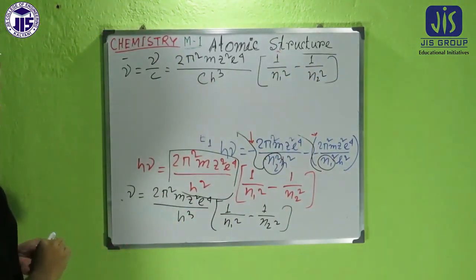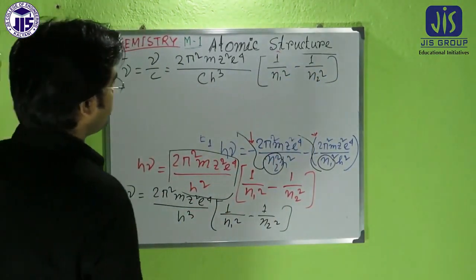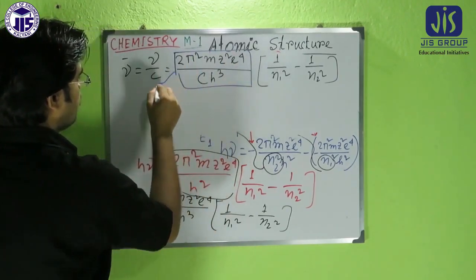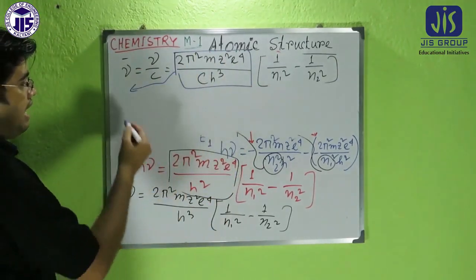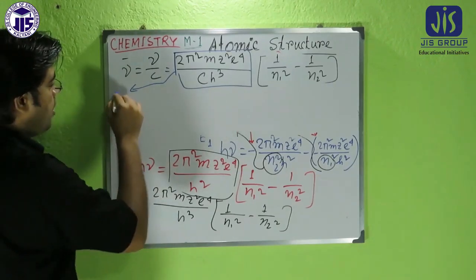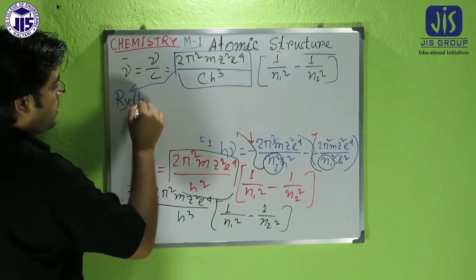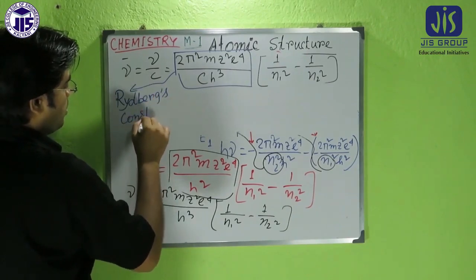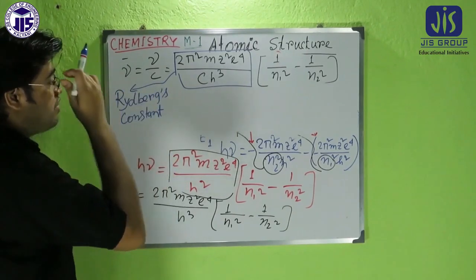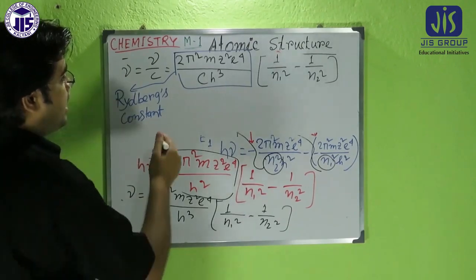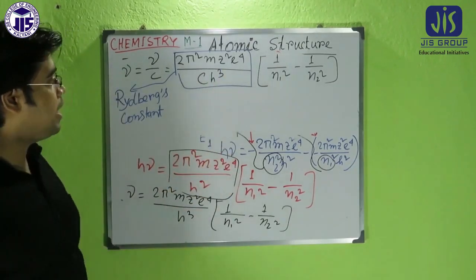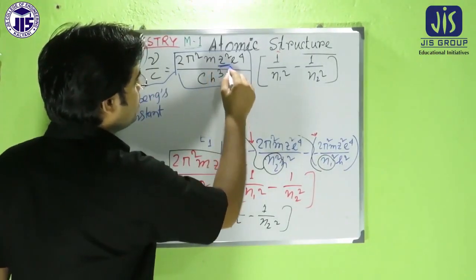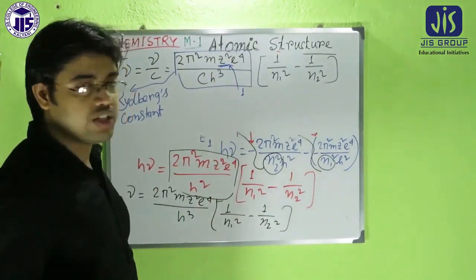Now look here, in that equation, 2 pi square m z square e to the power 4 over c h cube is a constant, and that constant is called the Rydberg constant. If you take that equation for the hydrogen atom, then what happens to the z value? Z equals 1.